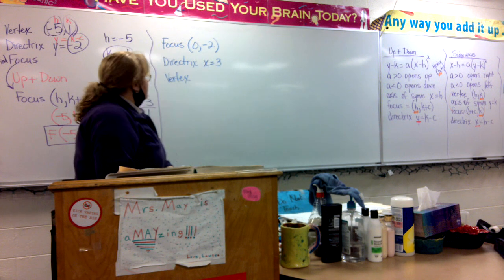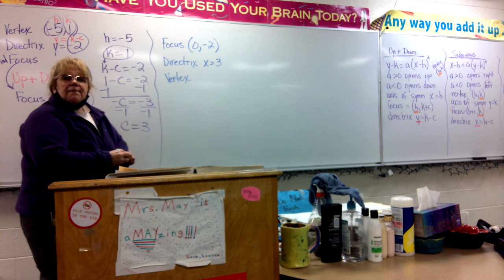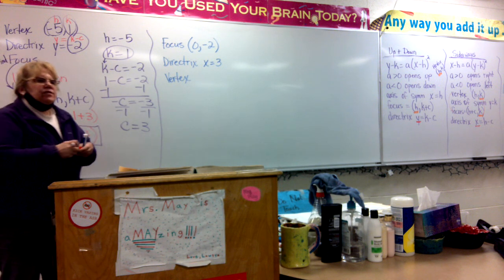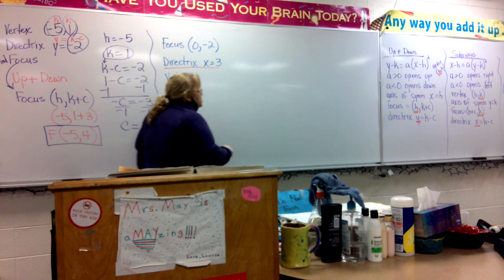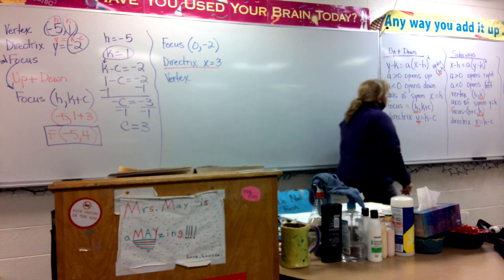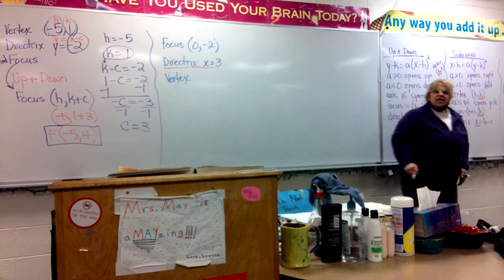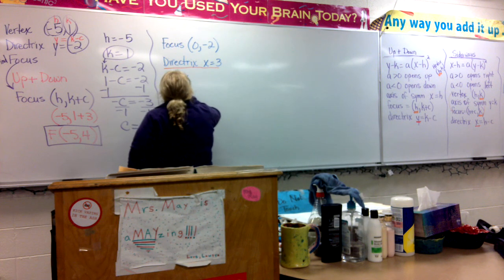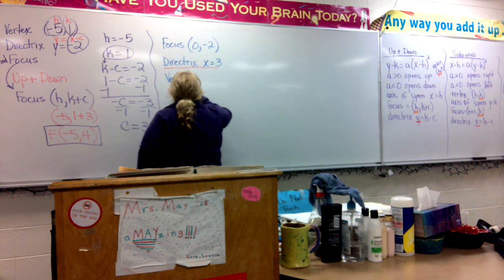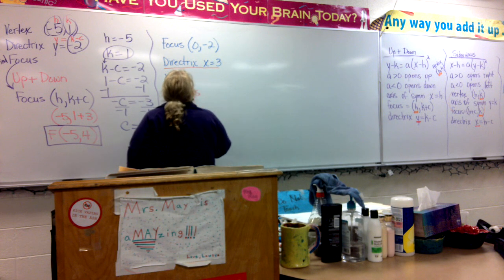So, up and down or sideways? I guess sideways. It's an x equals directrix, right? X equals directrix is a sideways. And I would actually write that down just so I don't forget. It's a sideways.